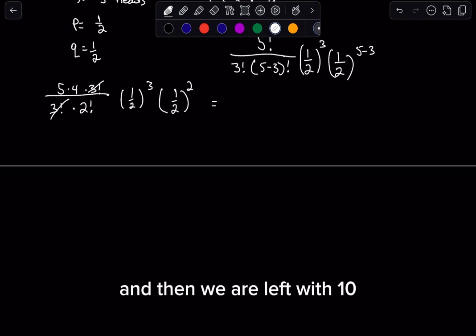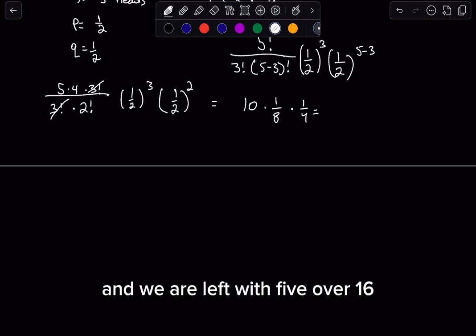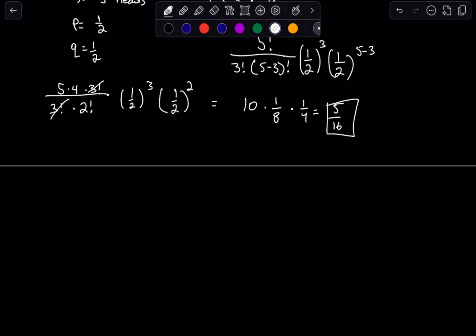And then we are left with 10 times 1/8 times 1/4, and we're left with 5 over 16, which is our binomial probability.